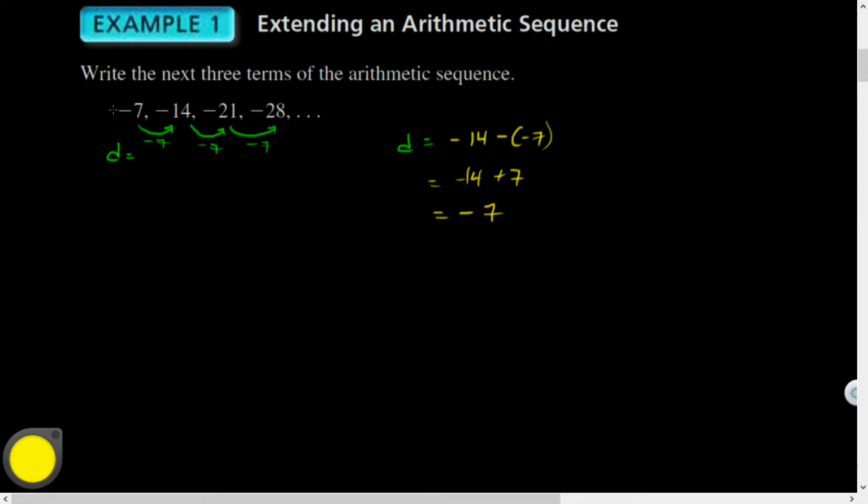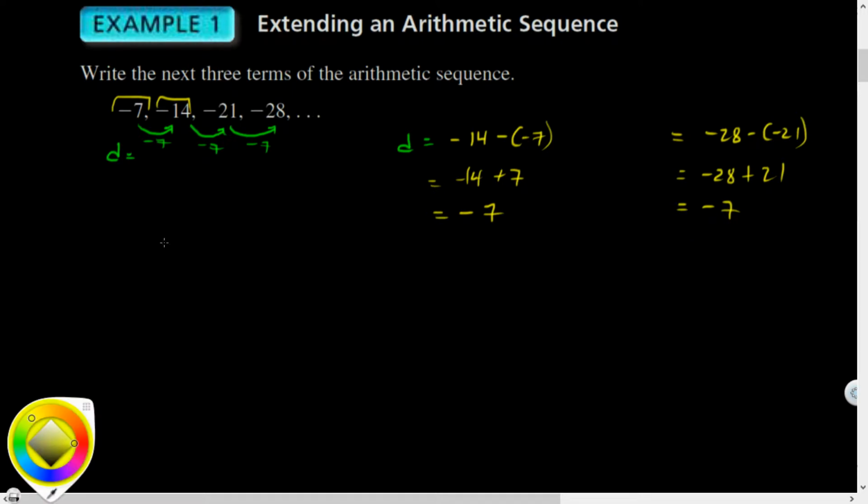I didn't have to pick the first 2 terms. I could have also picked the last 2 or the middle 2. The common difference would also equal negative 28 minus negative 21, so negative 28 plus 21 also happens to be negative 7. I can use all of those to find the common difference.